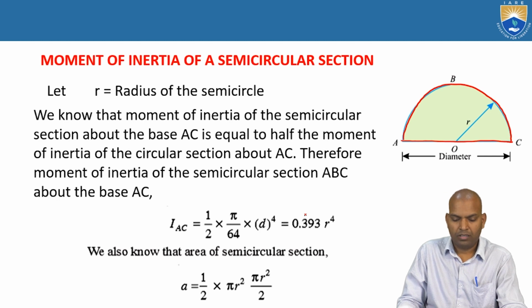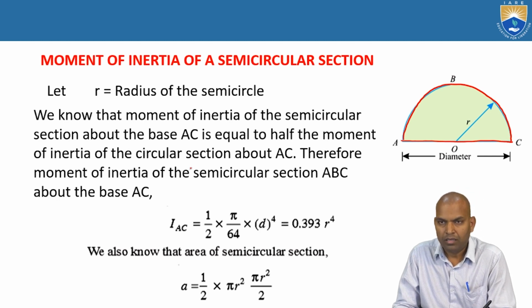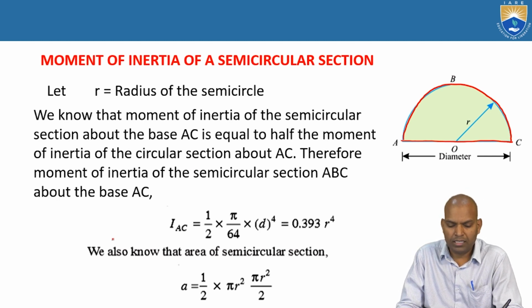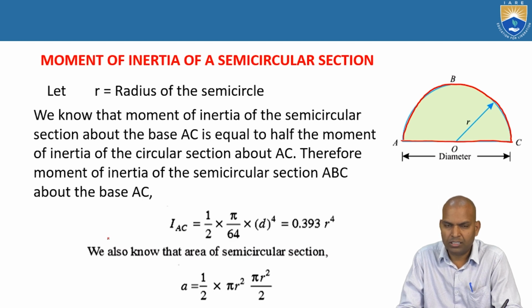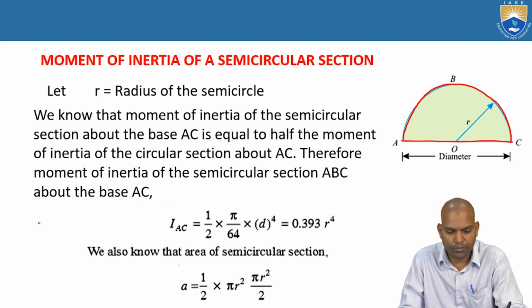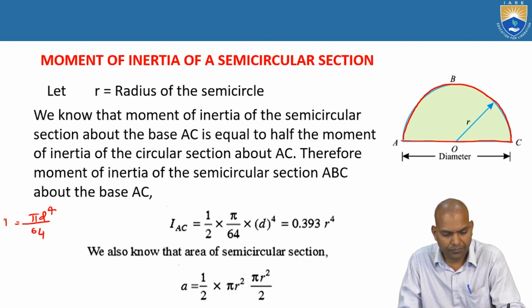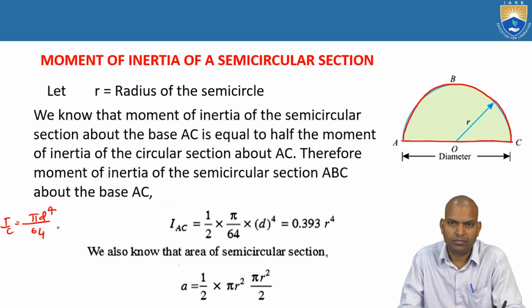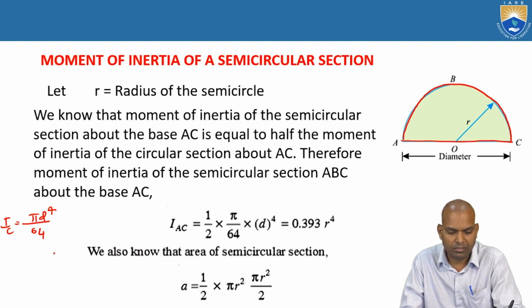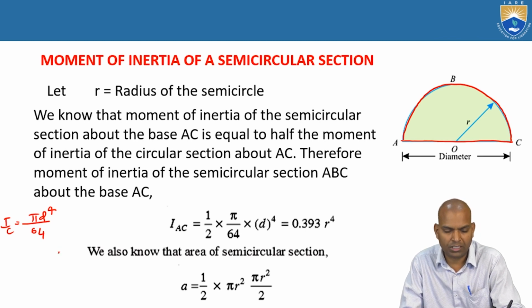Here, I_AC is the moment of inertia of a semicircle. We know the moment of inertia of a solid circular cross section is pi d power 4 by 64. But here it is a semicircle, so it becomes half of the solid circle.